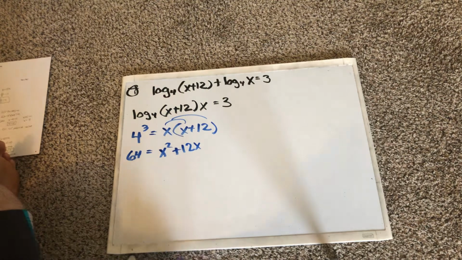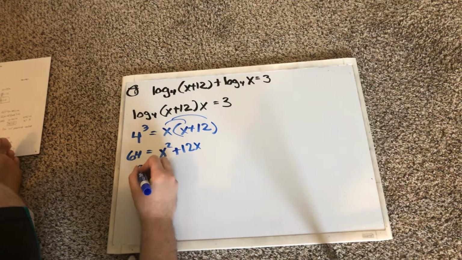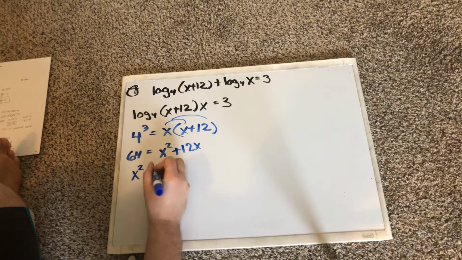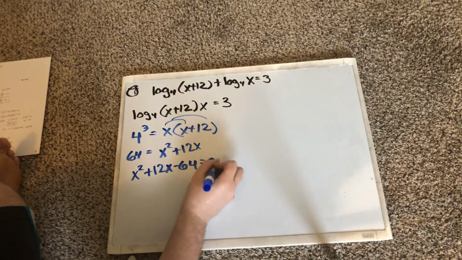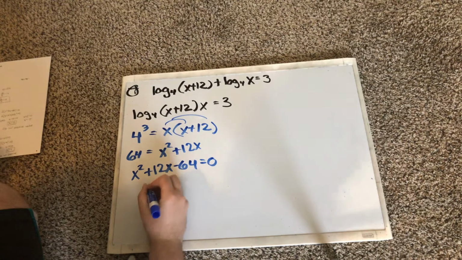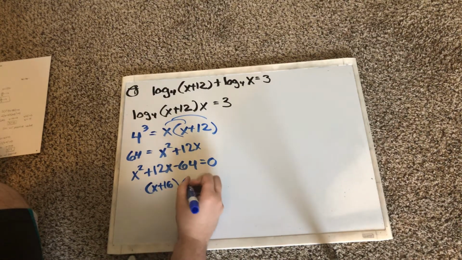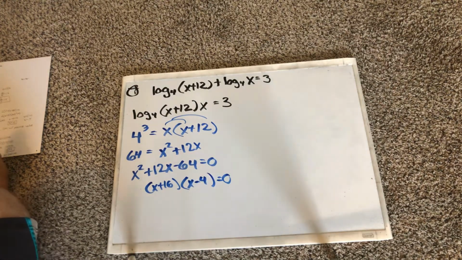Distribute, x squared plus 12x. Again, when we get an x squared, think factor. Move the 64 over, x squared plus 12x minus 64 equals 0. Any two numbers that multiply to negative 64 and add up to a positive 12. I have x plus 16 and x minus 4 equals 0.